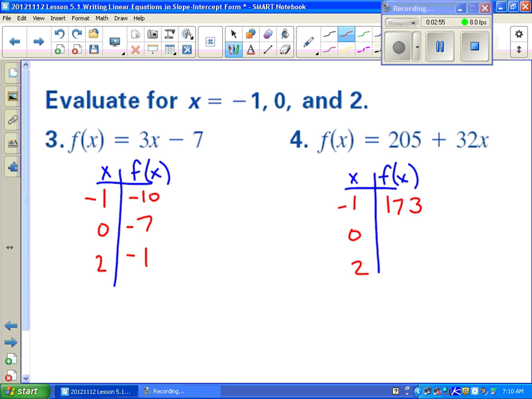When you multiply anything times 0, like 32 times 0 is going to be 0, so 205 plus 0 is simply 205. And then 32 times 2 is going to be 64, and 64 plus 205 is 269. So we have slightly bigger numbers, but not really any harder than number 3.